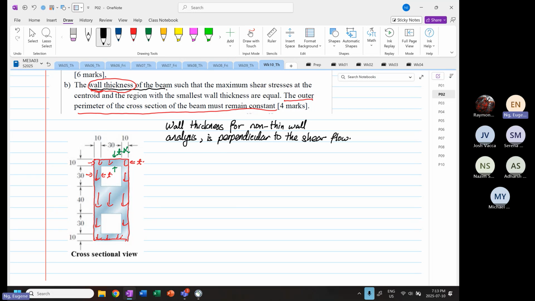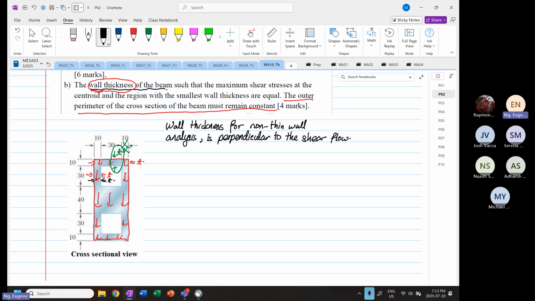So the only wall thickness over here that can be changed is this one, not the one in green. This one is not the wall thickness. The wall thickness is perpendicular to the shear flow q. So what remains over here now is this.